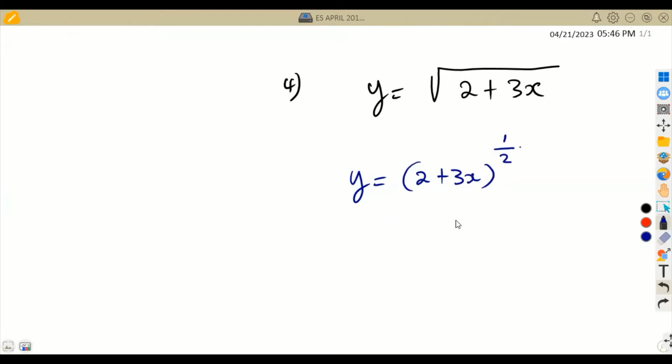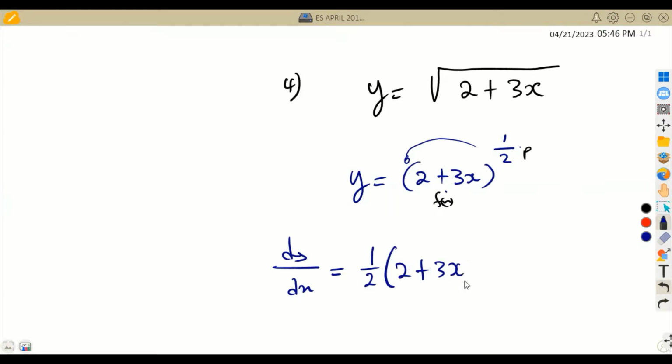So we have the power and the function of x. Using the same concept, we are going to determine the derivative of y with respect to x. Drop the power, then subtract 1. That's 1 over 2 into 2 plus 3x to the exponent of, if we subtract 1, half minus 1, which is a -half.